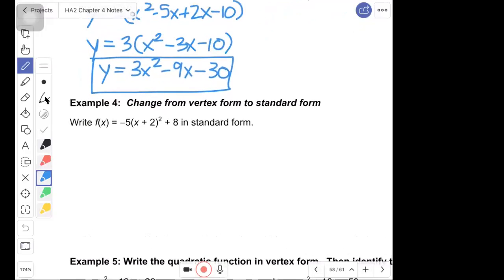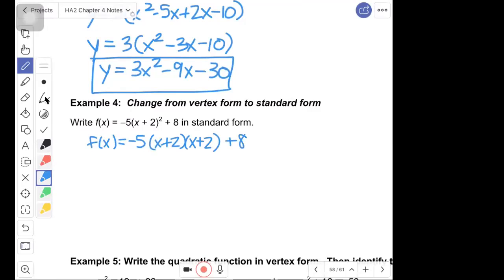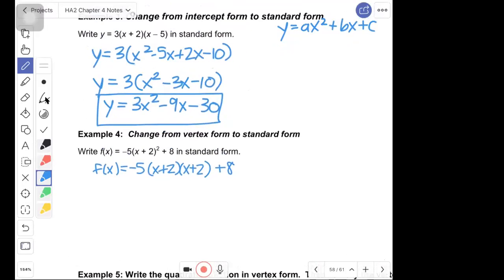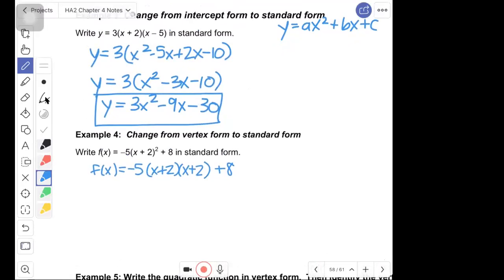Would you take the x plus 2 and square it? Yeah, that x plus 2 squared really means we just have 2 of them, right? I'm just going to rewrite it. This is very similar to intercept form above, how we have those 2 binomials being multiplied by one another.